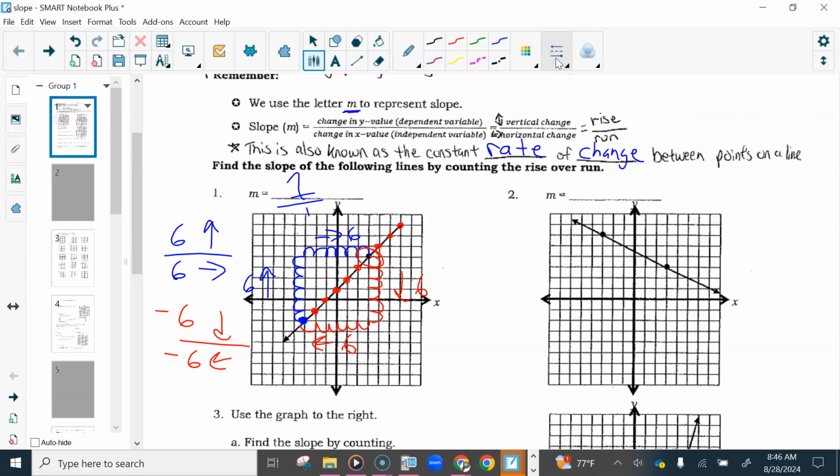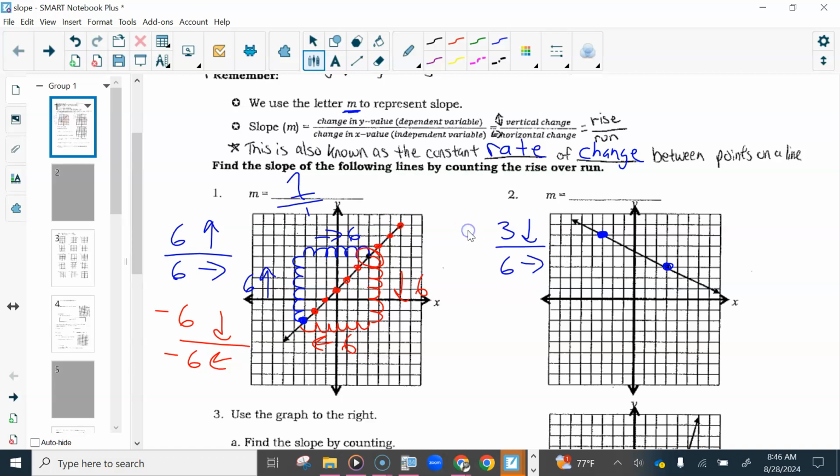Alright, so we're going to count the slope for number 2. So I heard -3, going down 3 and to the right 6. But we can simplify that. 3 over 6 would be 1/2.